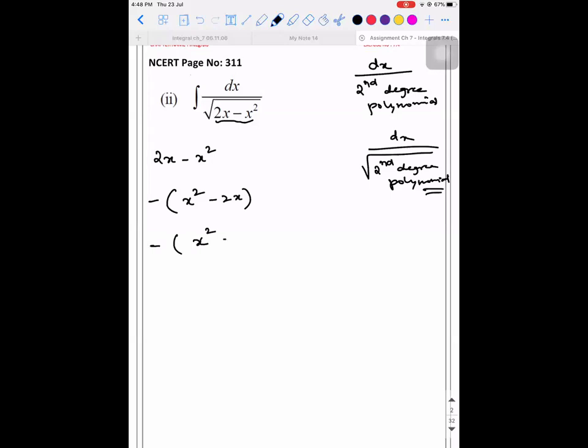So x square, write it as x minus half of the coefficient. Why I wrote minus is because, look at the coefficient of x. If the coefficient of x is minus, put a minus.